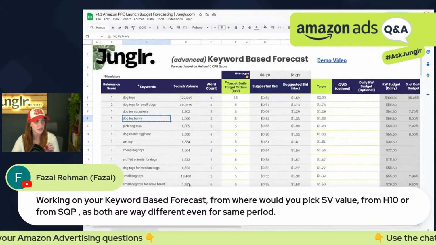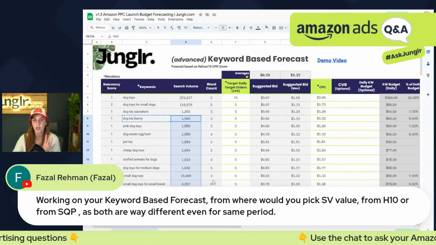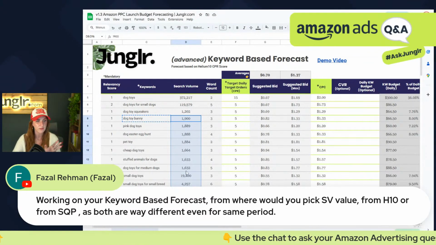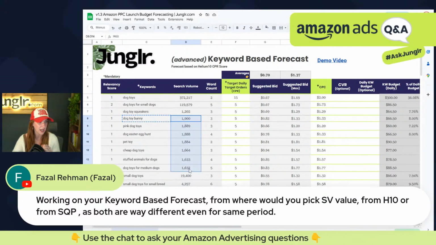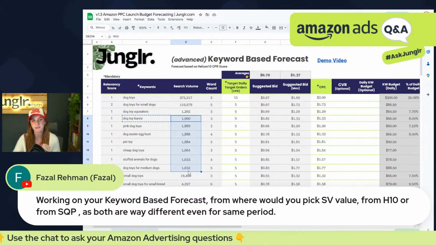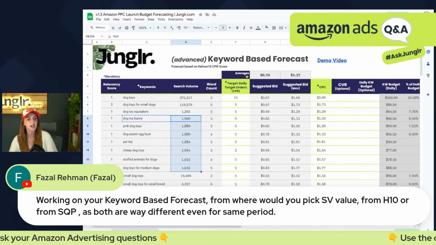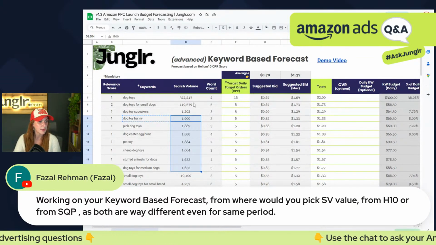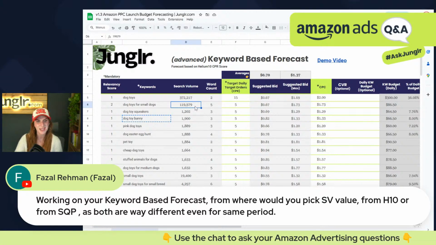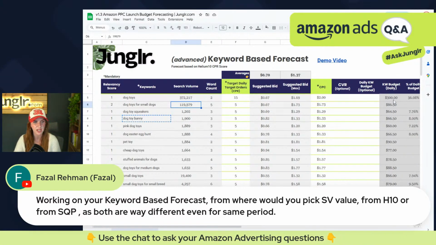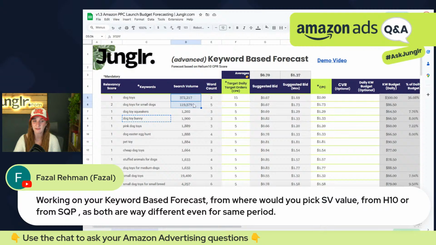Because the lower the search volume, the lower order velocity I'm probably going to get out of the gate. So if I'm only advertising on, say, a couple thousand search volume, I might not have hundreds of sales a day, right? But if I'm looking at like 300,000 or 100,000 search volume, yeah, maybe I can have much higher order velocity, but I'm going to have to pay a lot for this. And I'm up against some really competitive people.